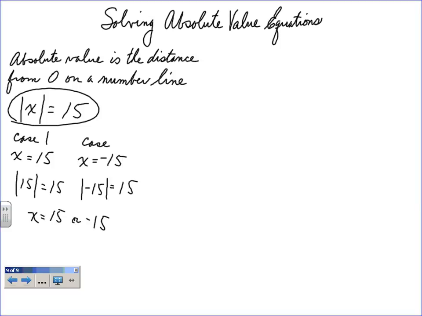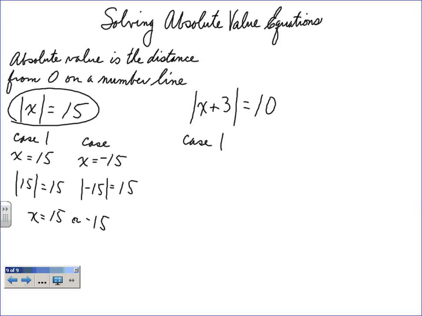Let's try another one. The absolute value of x plus 3 is equal to 10. Now, I'm going to do every single problem, and this is what I want you to do on your homework. I'm going to do every single problem the way I did the first problem. In case 1, write out case 1.